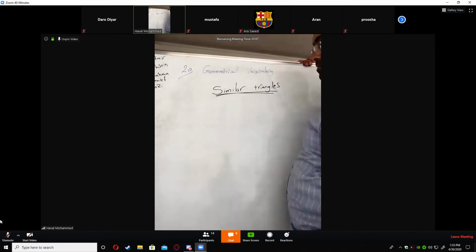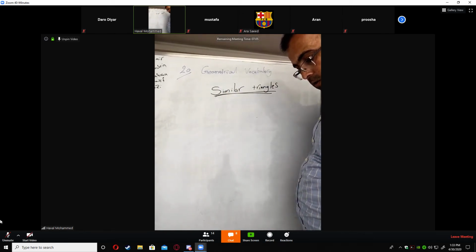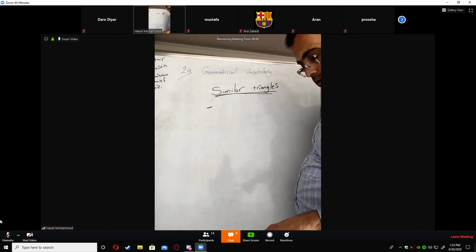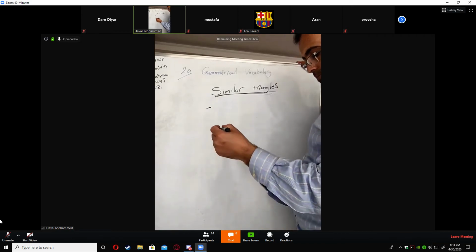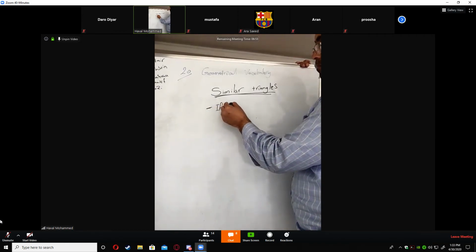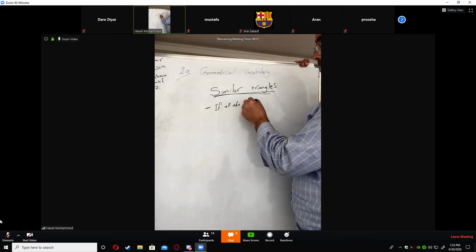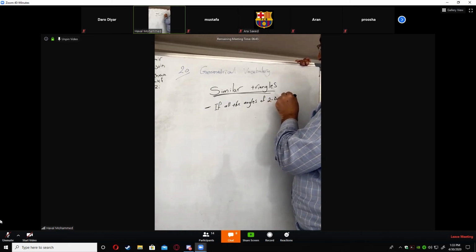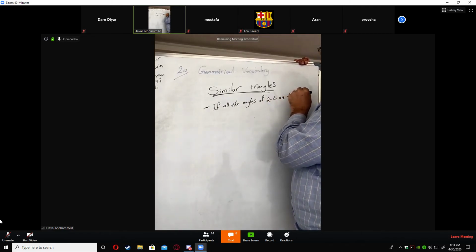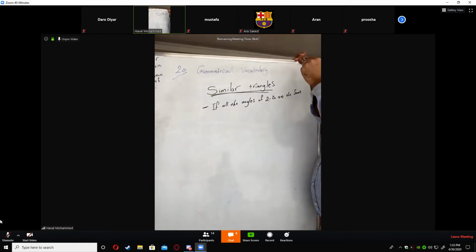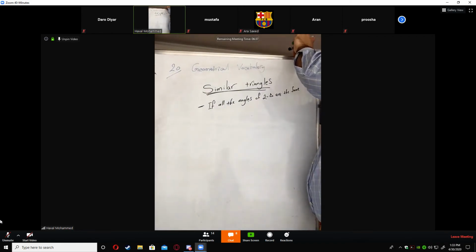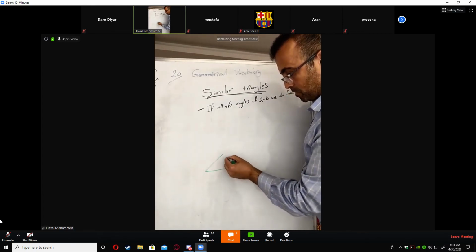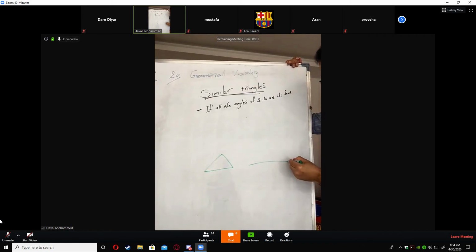Okay, similar triangle. What are the conditions? The first condition: if all the angles of two triangles are the same. Look, we have two triangles. This is one, and this is another one.